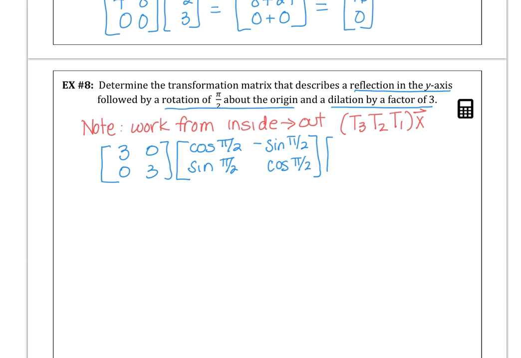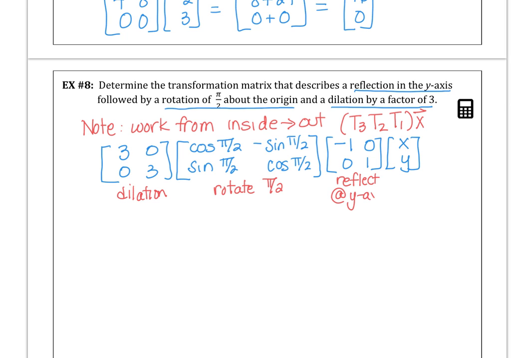And then reflect in the y-axis means we need to change this first component to -1, so that when we multiply by our x, y vector, we've got the dilation here, the rotate by pi over 2 here, and the reflection about the y-axis here. You see what I mean about working from inside out?